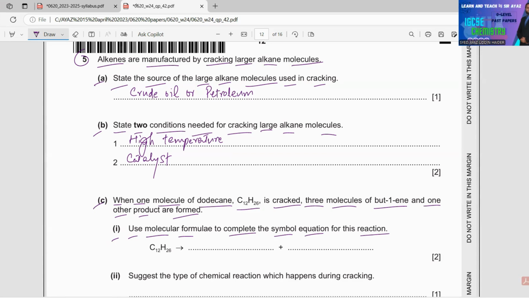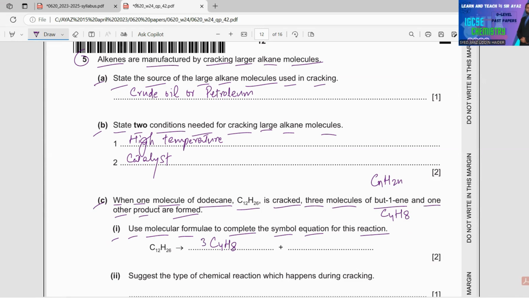But-1-ene is an alkene. The general formula for alkene is CnH2n. n must be 4 here, because but means 4. So what will be the formula for but-1-ene? C4H, 4 twos are 8, C4H8. And as they have mentioned, three molecules.